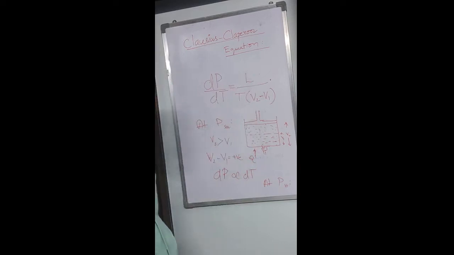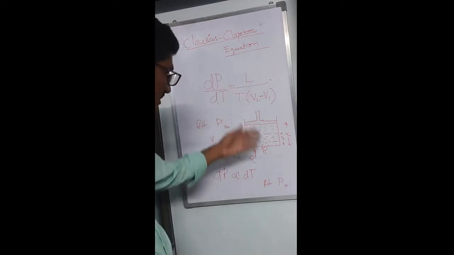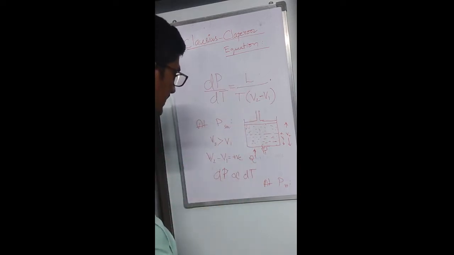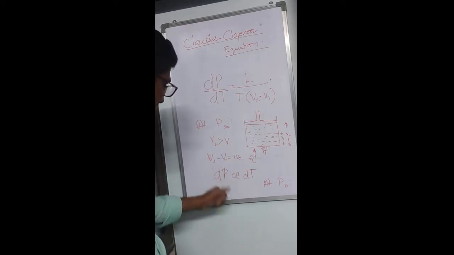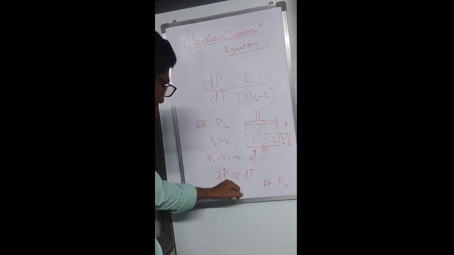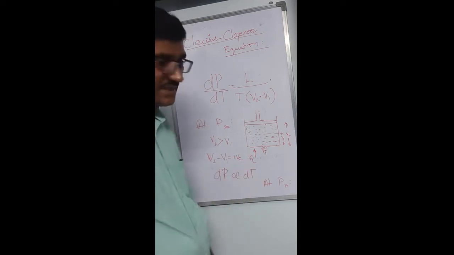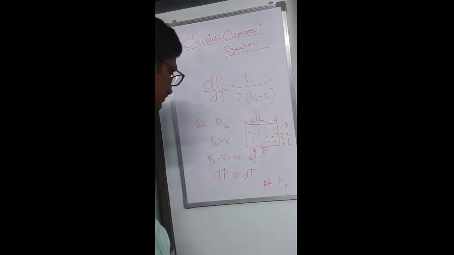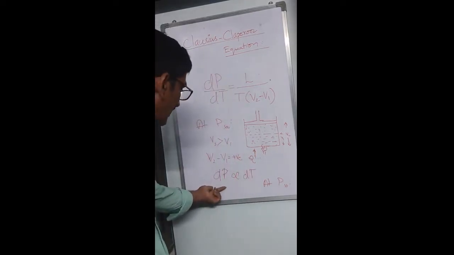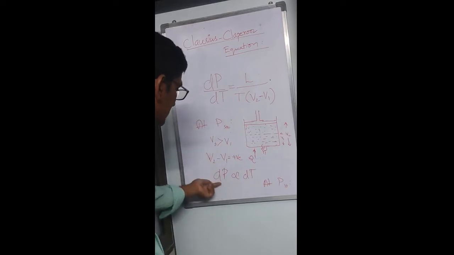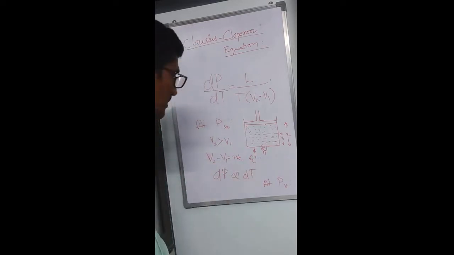What happens there also? The volume of the water increases, so this will be positive. Again you will see dP is proportional to dT. As the pressure increases, the temperature also increases.